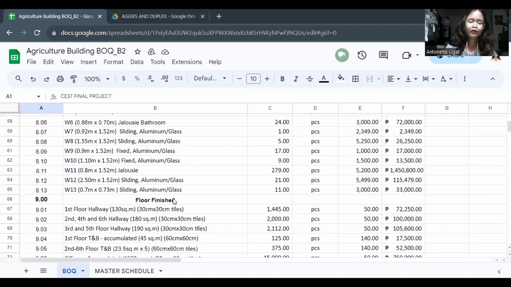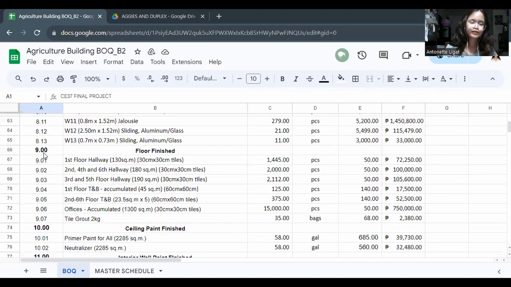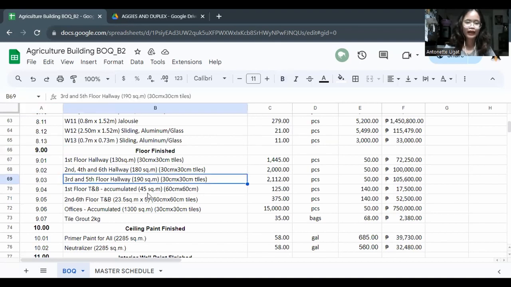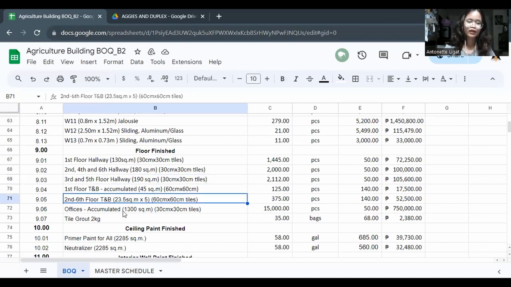So for the floor finish, here in item number 9, under the floor finish, we have tiles for the hallways on first to sixth floor, and the tiles on the toilet and bath for first to sixth floors, and the offices.